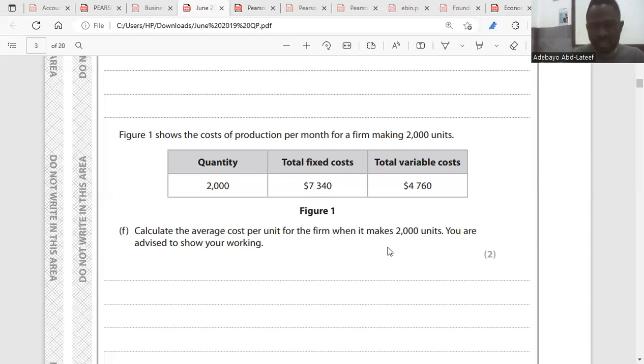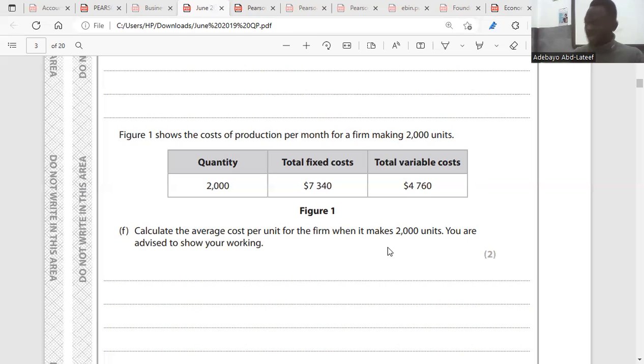You're told to find the average cost. Average cost is total cost divided by output. But there's no average cost given here, and we need to find it. So how do we get average cost? From total cost, we can get the average cost, because total cost is the cost of all that was produced. Average cost is the cost per unit.